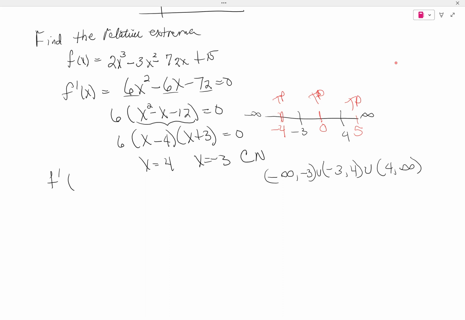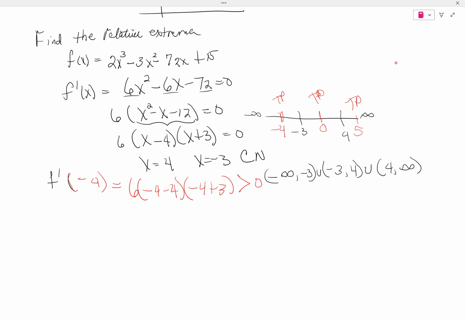So at first, if I look at the first derivative at -4, and I plug this in, this is 6 times (-4 minus 4) times (-4 plus 3), which results in a value that is greater than 0.